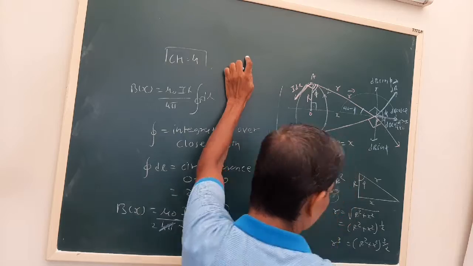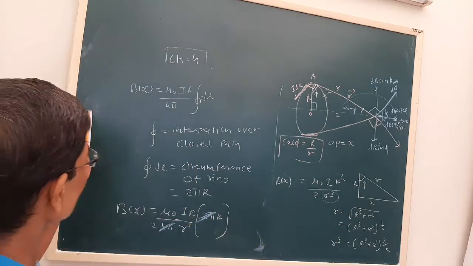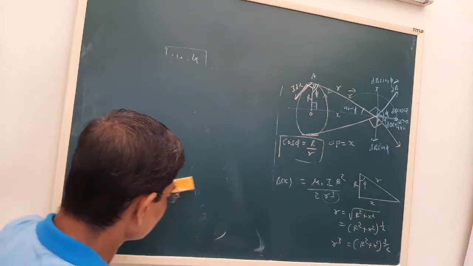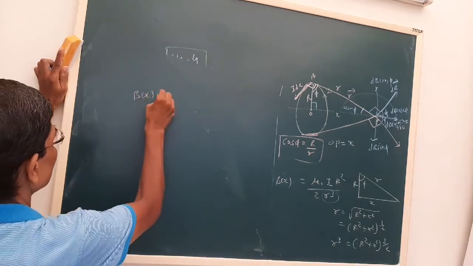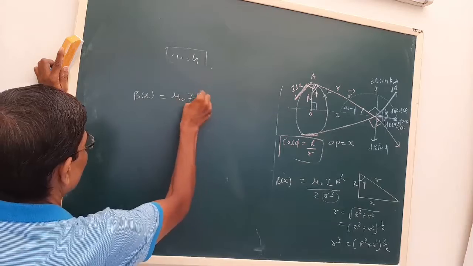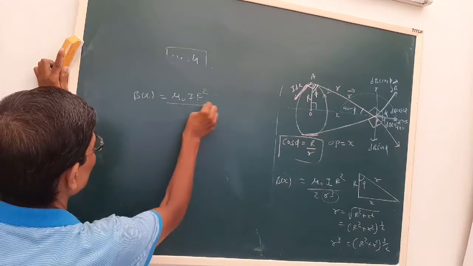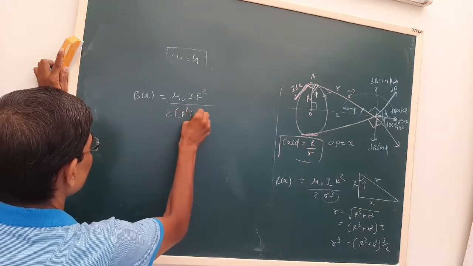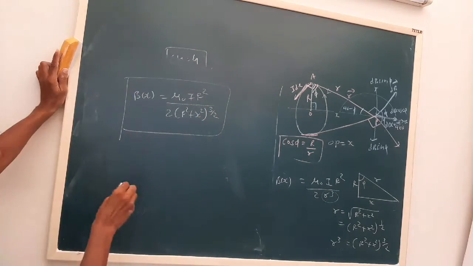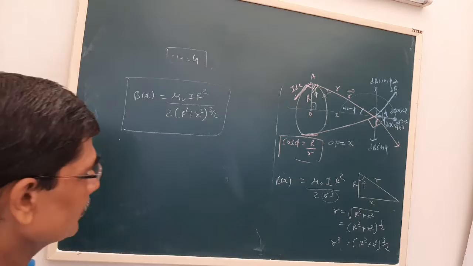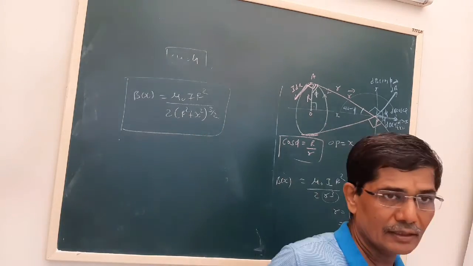Now that value we substitute here. So our equation will become Bx is mu0 I R squared upon 2 times R squared plus x squared raised to 3 by 2. This is the formula of the magnetic field at any point on the axis of a current carrying circular ring.